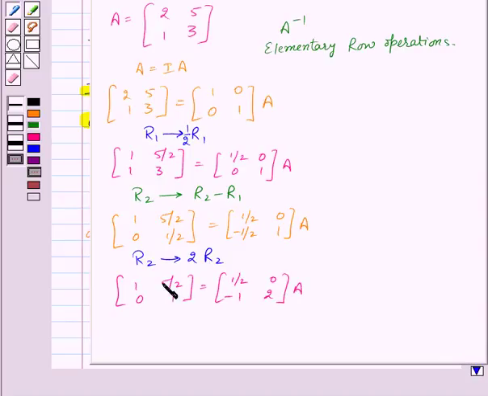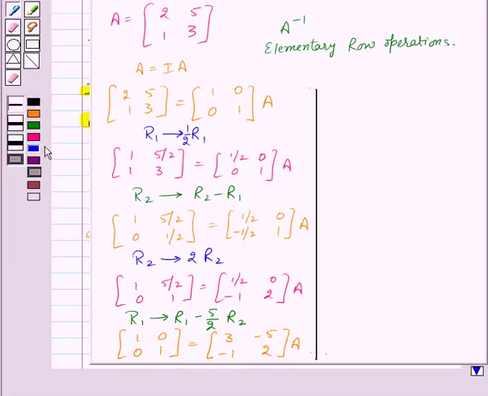Now lastly, we need to change 5 by 2 to 0. So for this, we will change R1 to R1 minus 5 by 2 into R2. And thus we get 1 0 0 1 equal to 3 minus 5 minus 1 2 into A. So on left hand side we got the identity matrix.